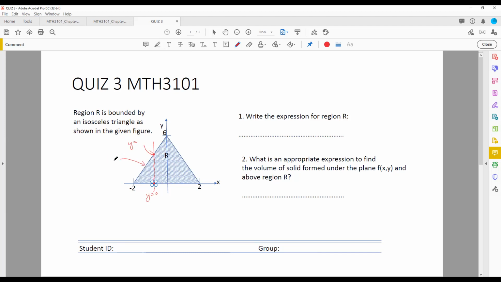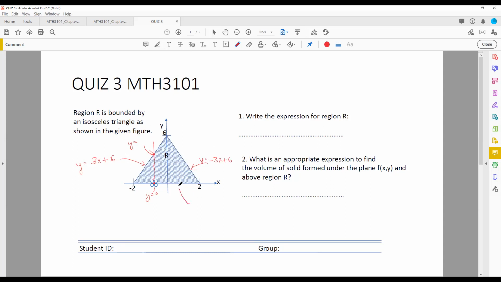This one is the equation when the slope is 3x and the y intercept is 6. So this is y equals 3x plus 6. And the equation on this side has a negative slope, so y equals minus 3x plus 6.